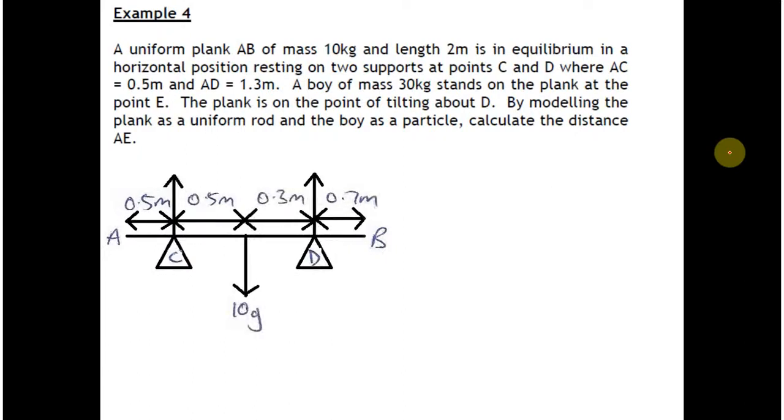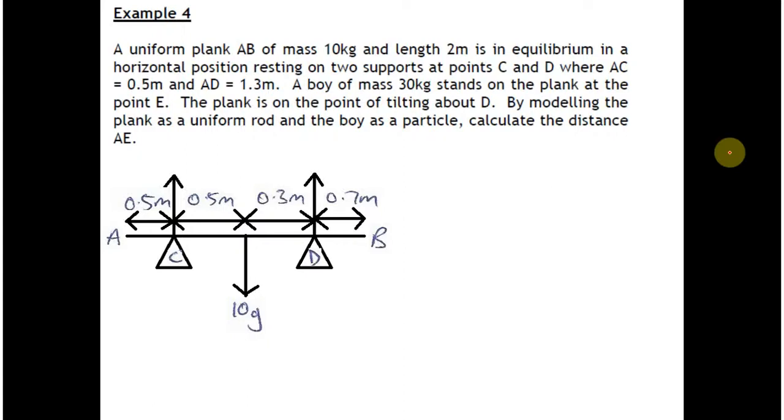Let's deal with the centre of mass first. 1 meter in will be the weight of the mass 10 kilograms, which is 10g. 1 meter in, so another 0.5 from C, another 0.3 from D, a 10g force downwards.